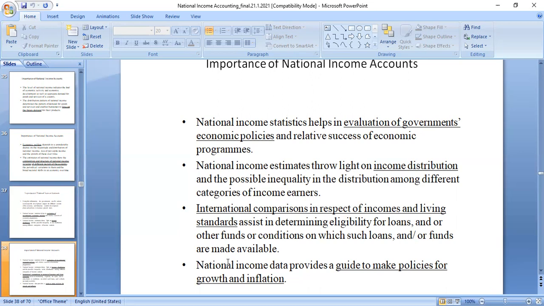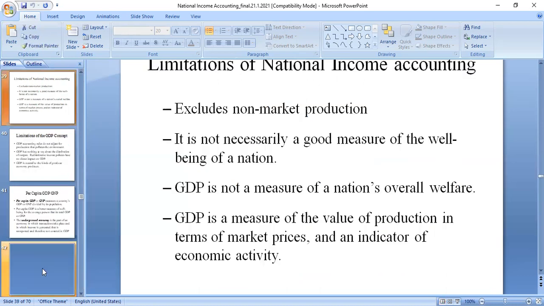You basically look at these prices, and it will let you know which sectors are experiencing inflation, and be able to regulate that inflation. So these figures are useful. They're even used for research. Researchers use these figures to carry out their research.